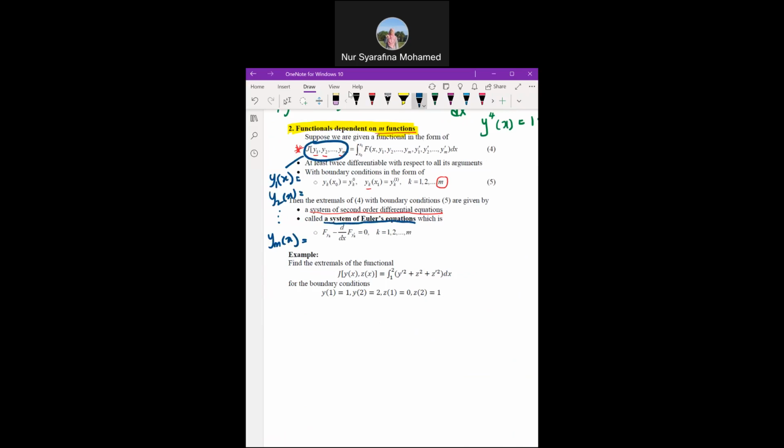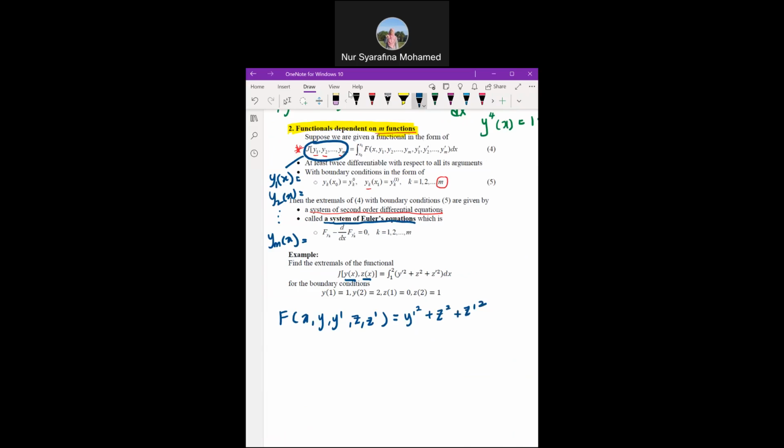Now let's take a look at this example. Here we have a functional J consisting of y and z, two functions. From here we can see that f must consist of x, y and y prime, z and z prime, where it equals y prime squared plus z squared plus z prime squared.